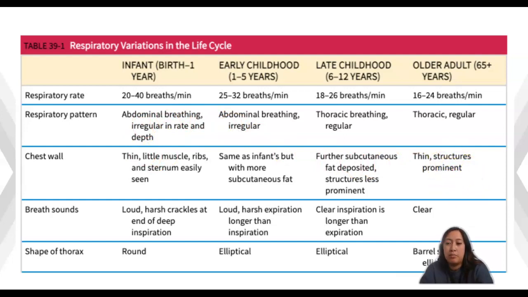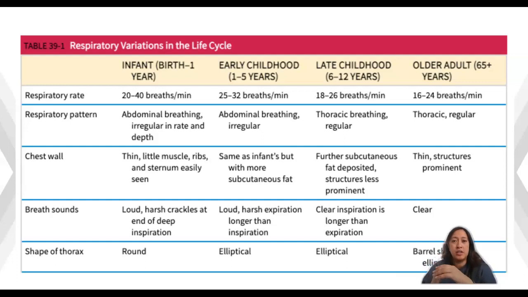Older adults have thin, prominent structures. Lung sounds should be clear. They can be barrel-shaped, or typically they're more elliptical. There is a table in your book. I believe it's in the chapter on oxygenation and perfusion in your fundamentals book that discusses specifically the age-related changes that happen to our older adult.